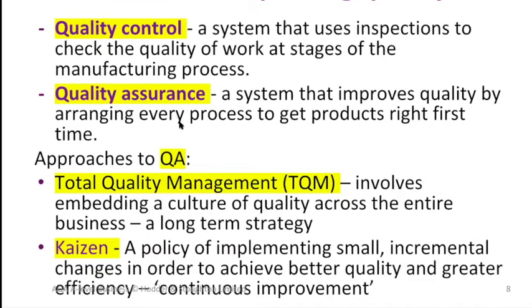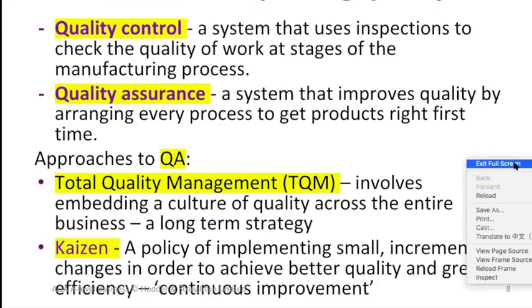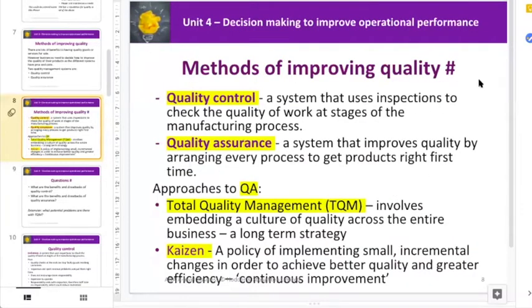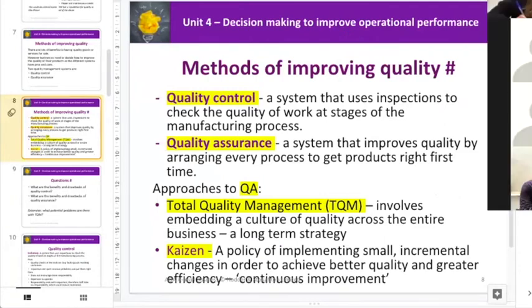So this one involves every process in your operation, but control is only by the end of each stage. But quality assurance is more proactive. They want to make sure the first time they get the product right. So there will be more work for quality assurance than control, because control is more like a reactive thing. But for assurance, at the very beginning, we need to make sure this is working.